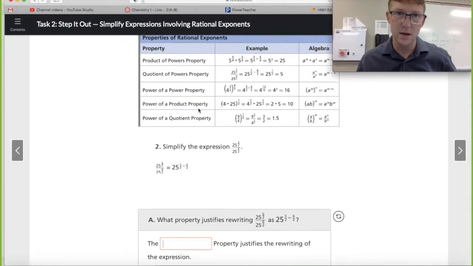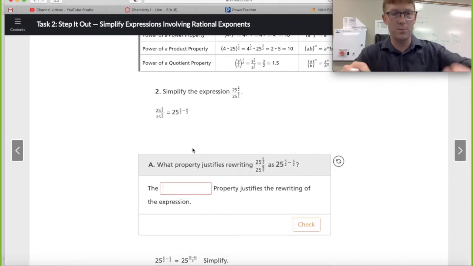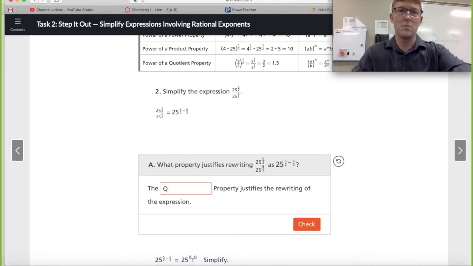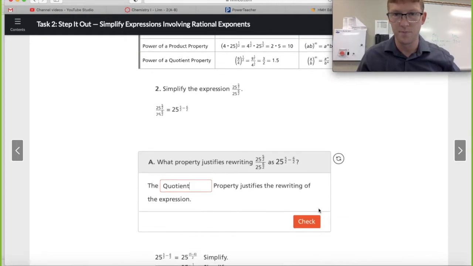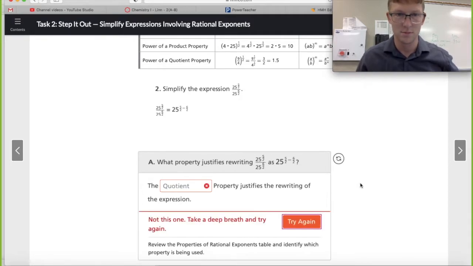And so we said the quotient of powers property. This is all a matter of me spelling it correctly. Quotient. I probably spelled it wrong, didn't I?